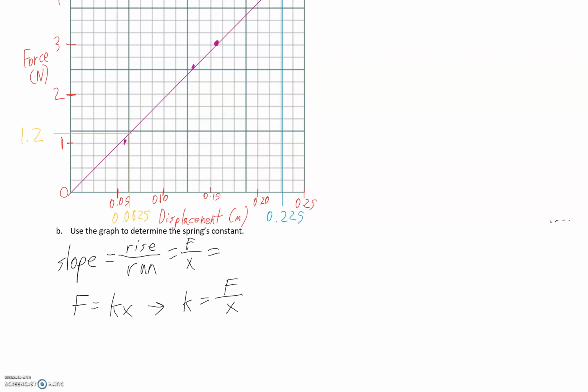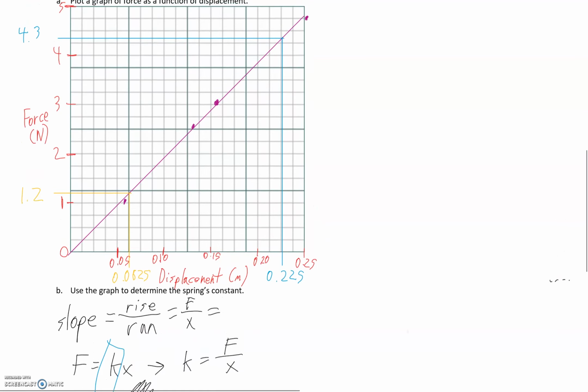Okay, another way you can see that is if you write y equals mx plus b beside it, you can see that, hey, b doesn't exist, but this m, which is the slope, is the k value. And yes, I know there's a negative, but we're kind of ignoring that for now.